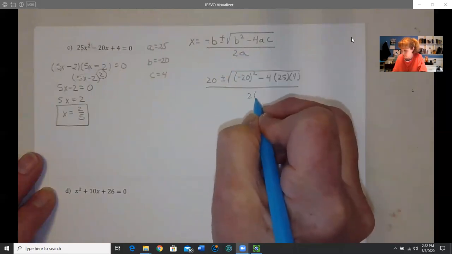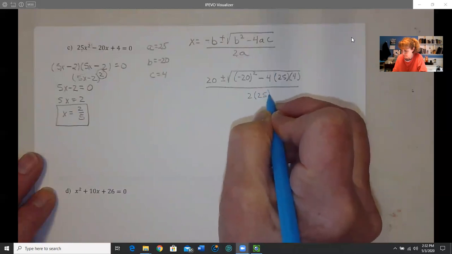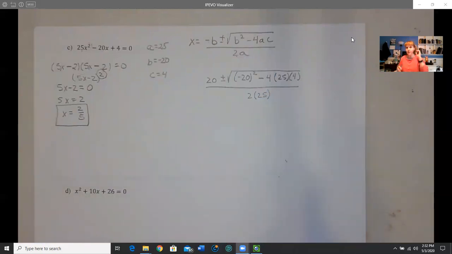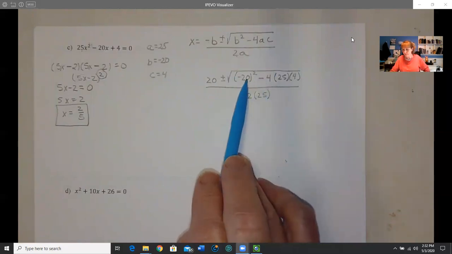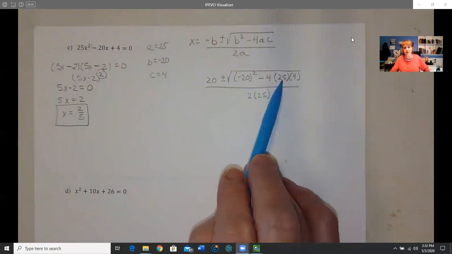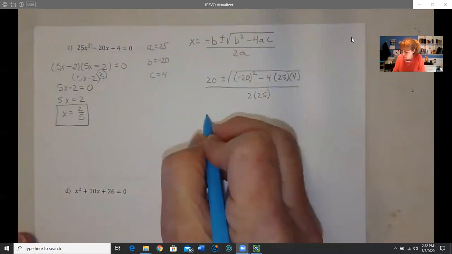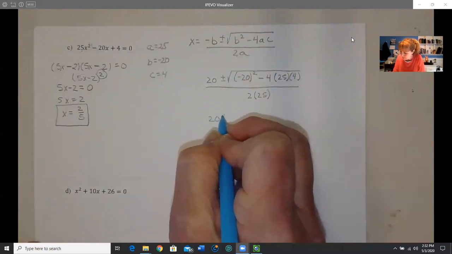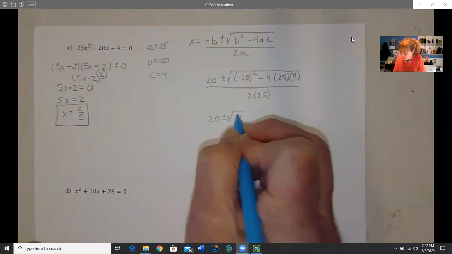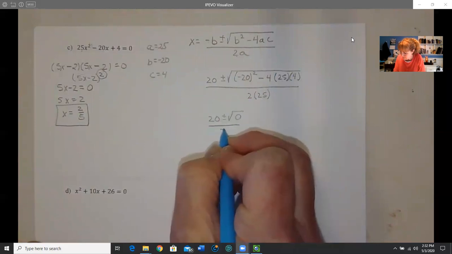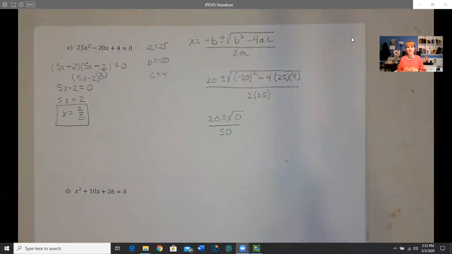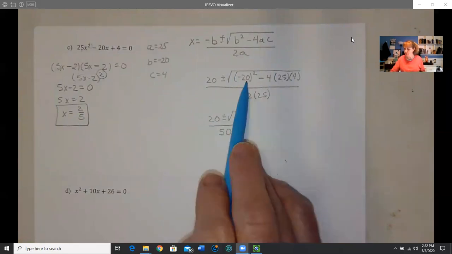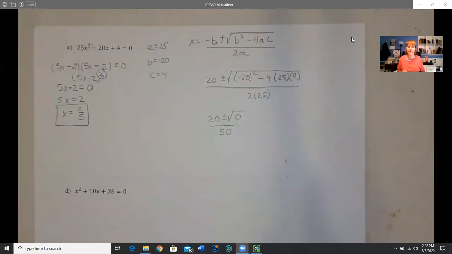2 times 25. Okay, if you were to type this into your calculator, you're going to get 400, and the calculator will take minus 400. So what your calculator will tell you is that's 0. You come up with a 0 inside the radical. 400 subtract 400.